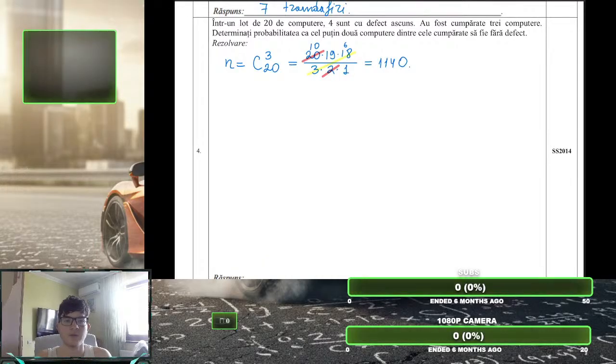Okay, now moving on. We need to calculate m. So to calculate m, you just do 3 circles representing the 3 computers you bought.